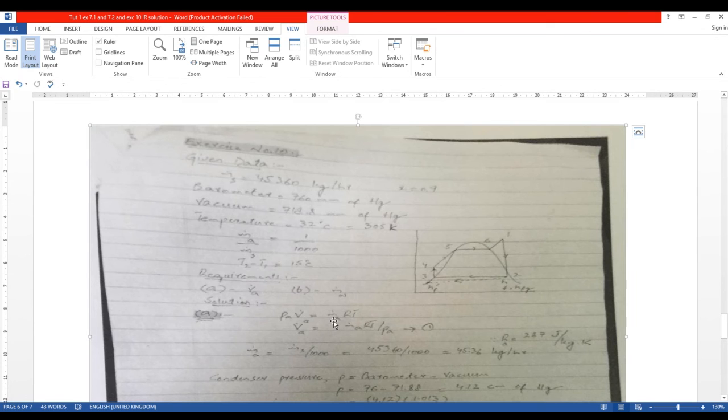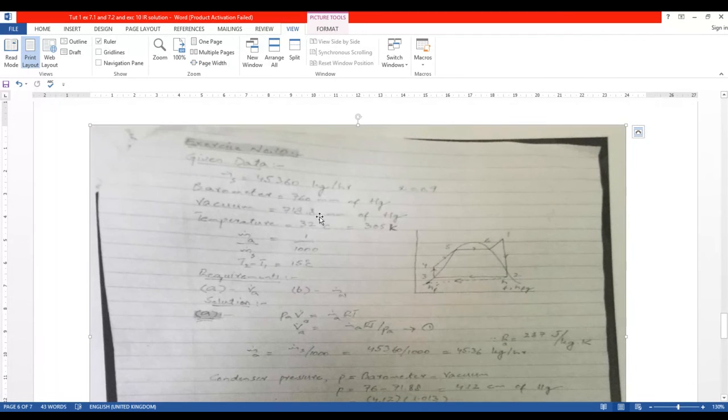The mass flow rate of air we can calculate from the relation m dot A over m dot S equals 1/1000. We know m dot S, so we can calculate m dot A, 45.36 kilogram per hour. R, the gas constant for air, equals 287 joule per kilogram Kelvin, as we have mentioned before.